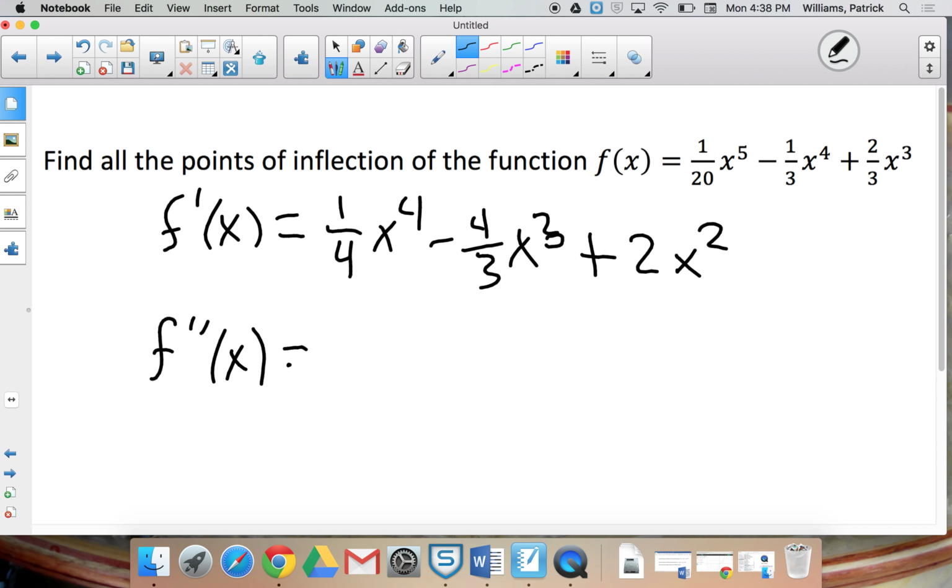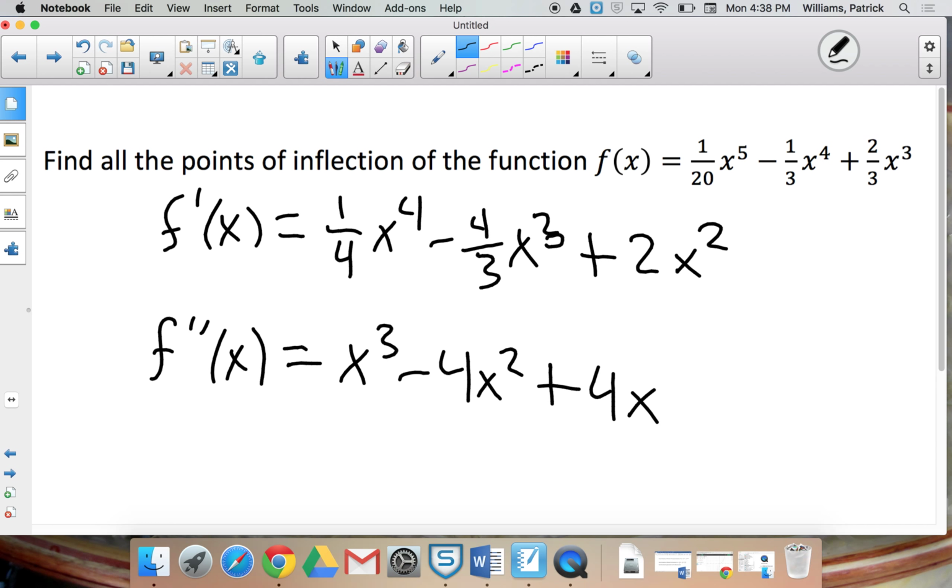So we'll get in this case that f double prime of x is going to be x to the third minus 4x squared plus 4x, okay? So how can we rearrange this without a calculator to find out where this thing is zero? Again, think to factoring.